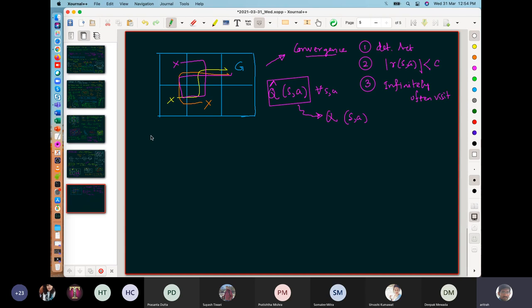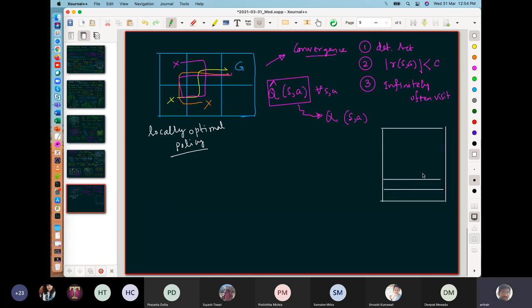That may not be globally optimal, but I have found a locally optimal policy. Agreed? So, sir, we will consider the path which will give us the highest cumulative reward over there. Maybe. Absolutely. So in a bigger grid, what we will do, let's say this is a very big grid.